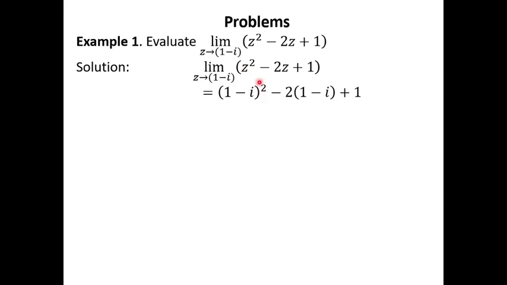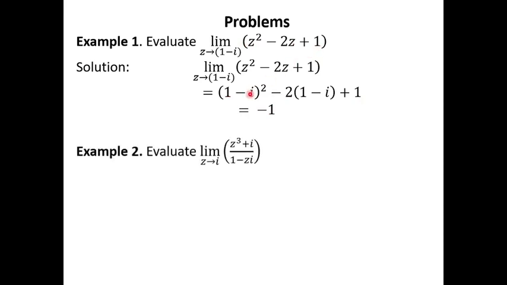That is 1 minus i whole square minus 2 into Z value, which is 1 minus i, plus 1. Now simplify this. Here a minus b whole square, that is 1 square plus i square minus 2i, minus 2 into minus i is plus 2i, plus 1. After simplification we get minus 1. This is the limiting value of the given limiting function.